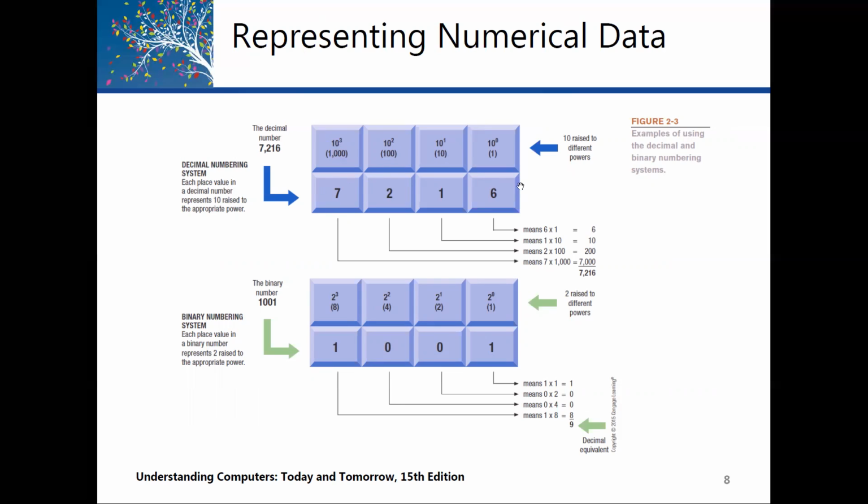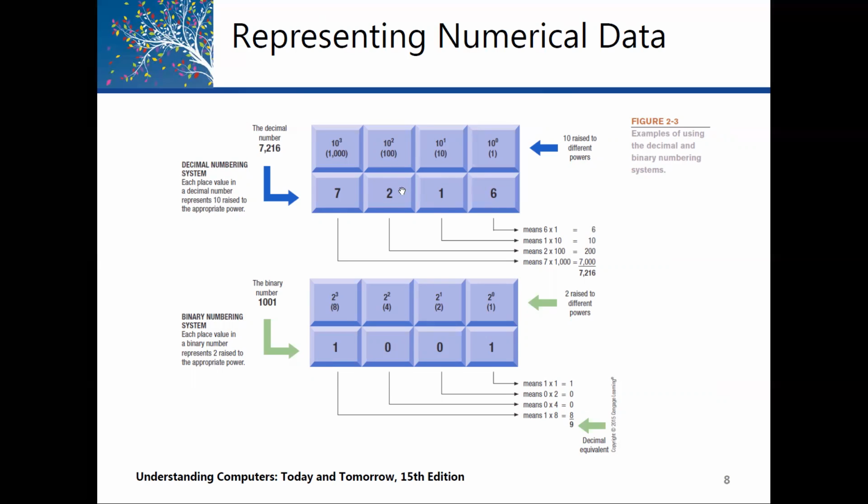So if we collectively write this number, how do we do that? We write that number 6, and we multiply it with whatever is the power of 10. 10 raised to the power of 0 is 1, so we multiply it with 1. We get 6 again. Then 1, we multiply it with 10 raised to the power of 1, that is 10. So it is 10.